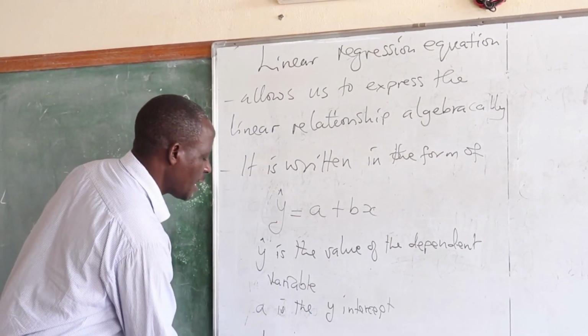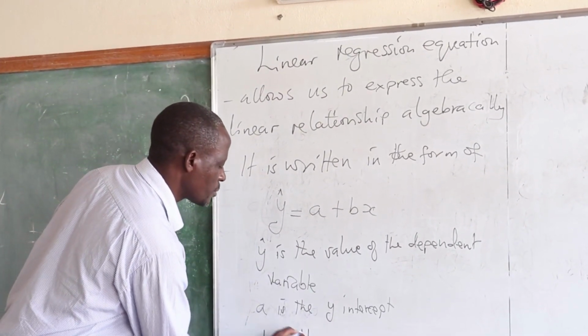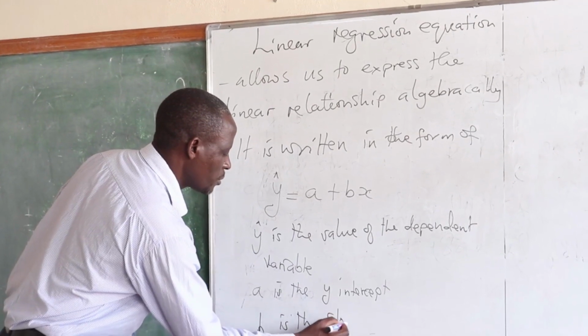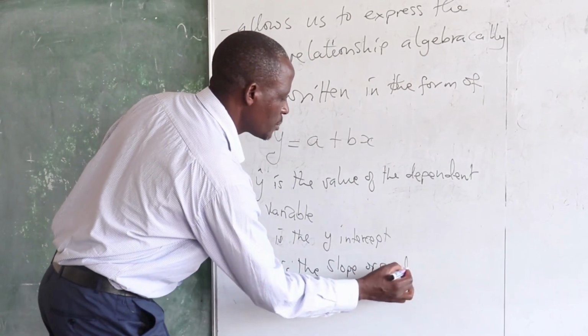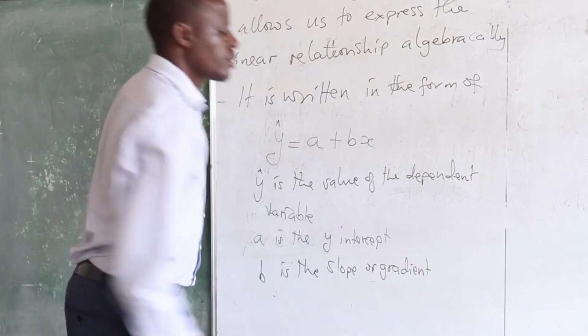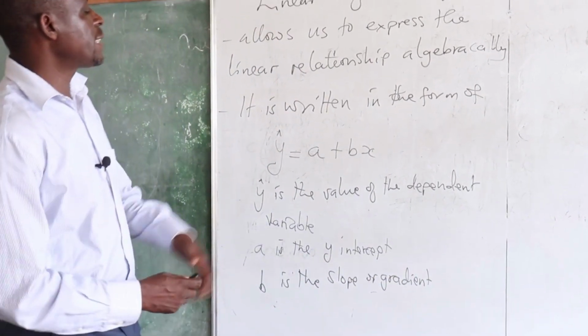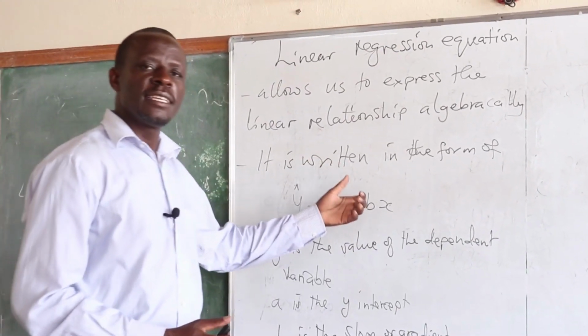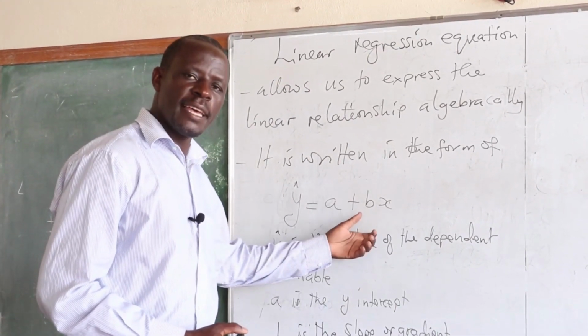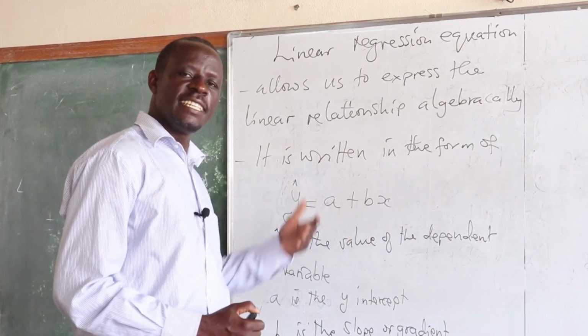b is actually the slope, or others prefer to call it gradient. This one represents the change in y divided by the change in x.